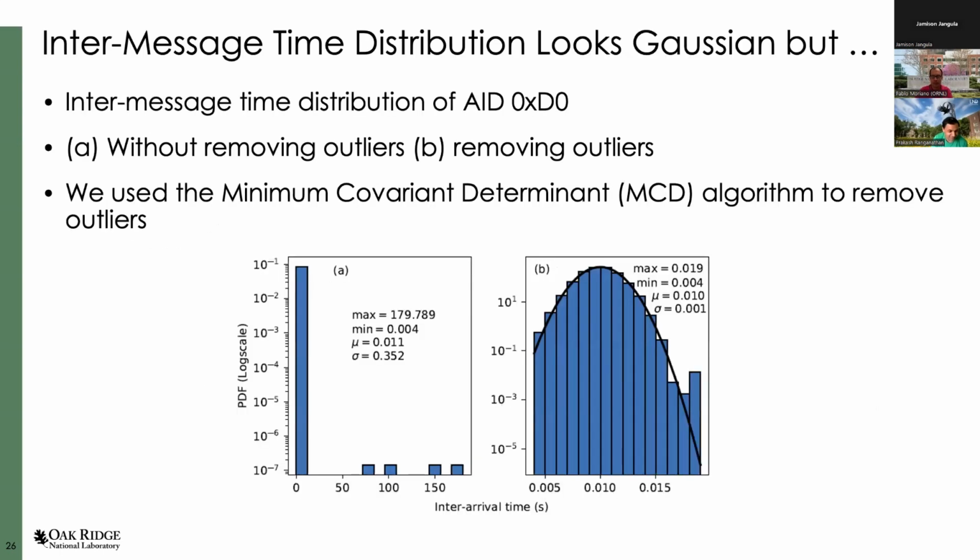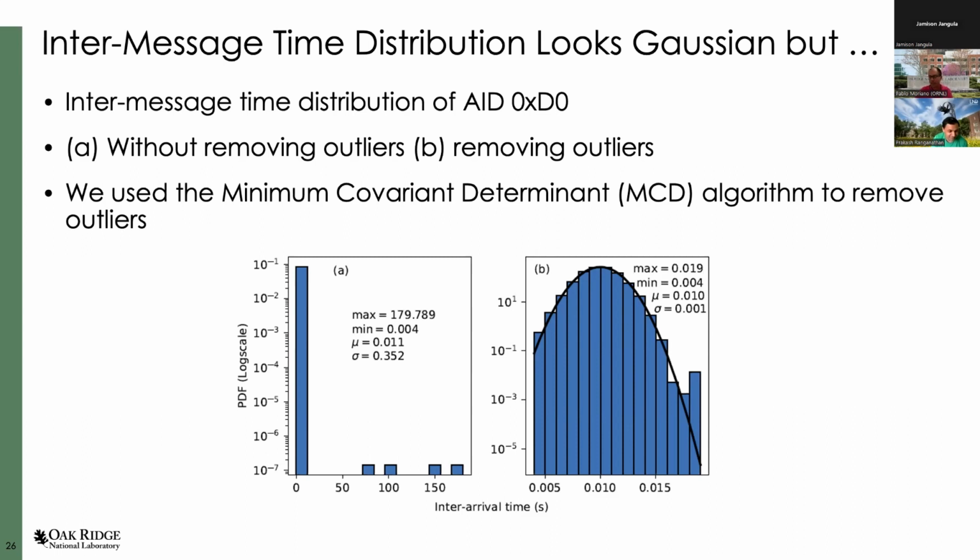So with that notion, remember that the focus here is on understanding the frequency of those messages. Here we show in this figure an exploratory analysis of that frequency for one of those IDs. In the left figure, we show, for a single ID, the inter-arrival time distribution for those messages in log scale.